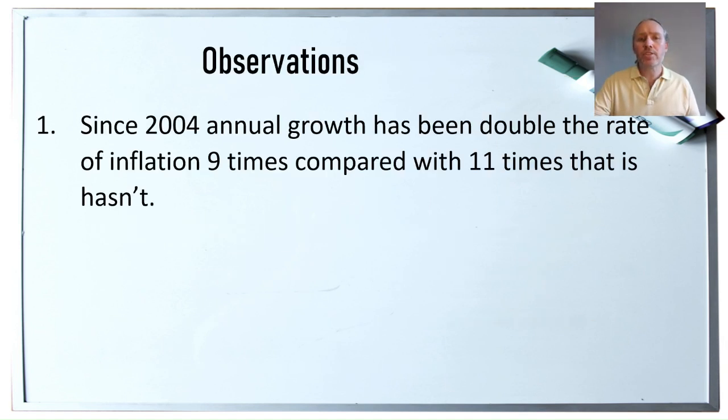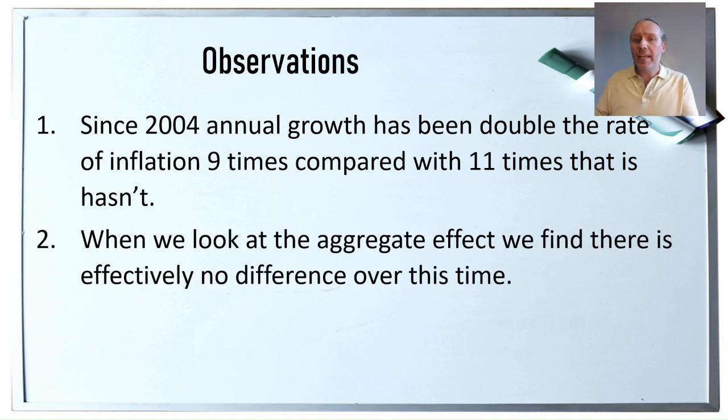If we pick a year like 2004 and look at how many times that the house price growth rate has been more than double the rate of inflation, it has occurred 9 times versus 11 times that it hasn't. Now, when we have a look at the aggregate effect of that, we find that there's been no difference between the inflation-based capital gains tax and the 50% capital gains tax since 2004.